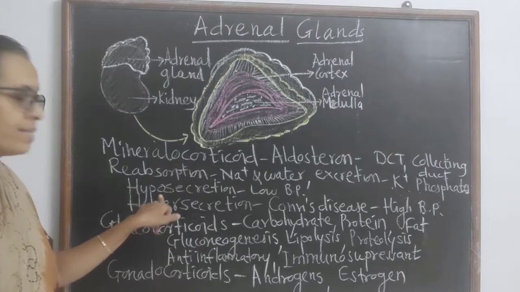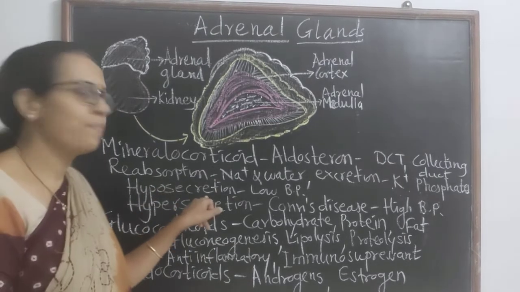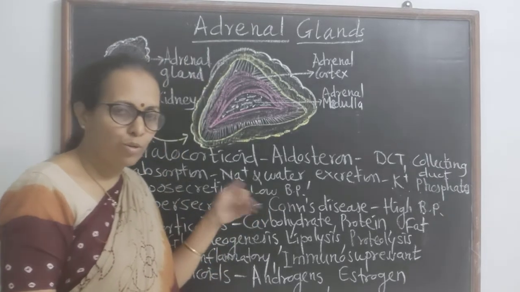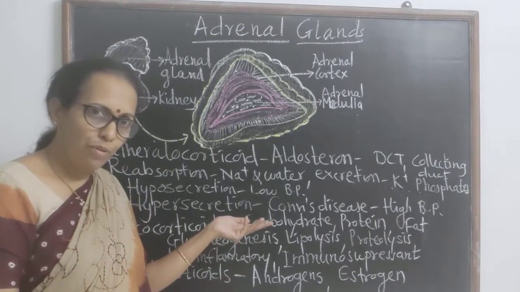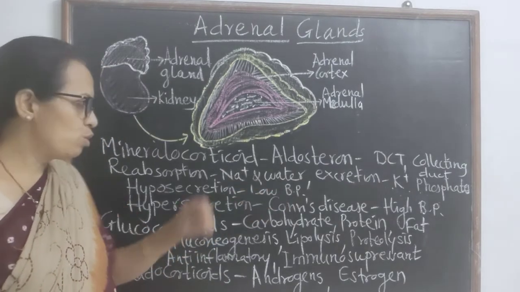So if it is secreted in lower amounts, that is, if hyposecretion is there, then obviously it leads to low blood pressure and low osmotic pressure of the body fluids in the individual.